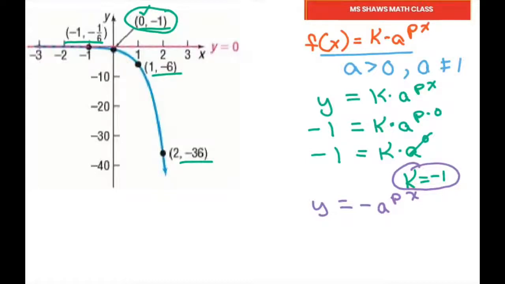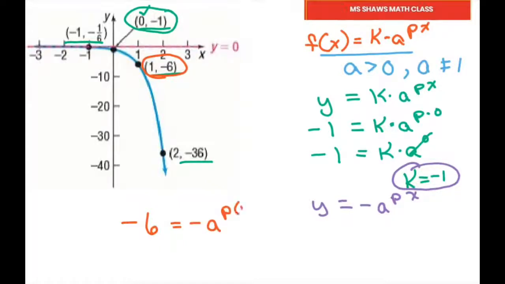Now I'm going to use a different point, and I'm going to try to use a reasonable one. Let's see, I want to use this one, and I want to solve for a and p. So if I plug in my y, which is negative 6, equals negative a to the x.